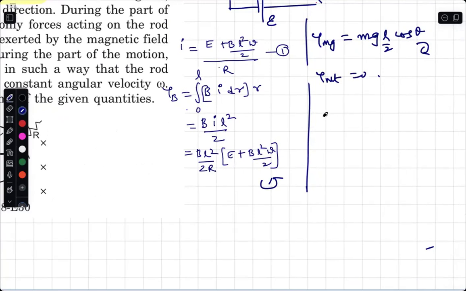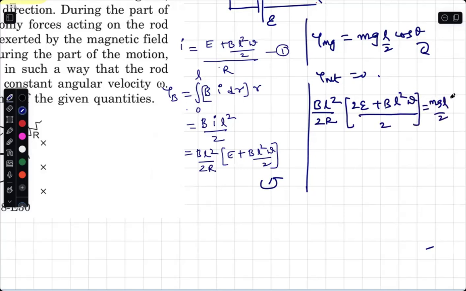You want resistance term, don't forget that. BL square by 2R times 2E plus BL square omega by 2 is mgl by 2 cos theta.